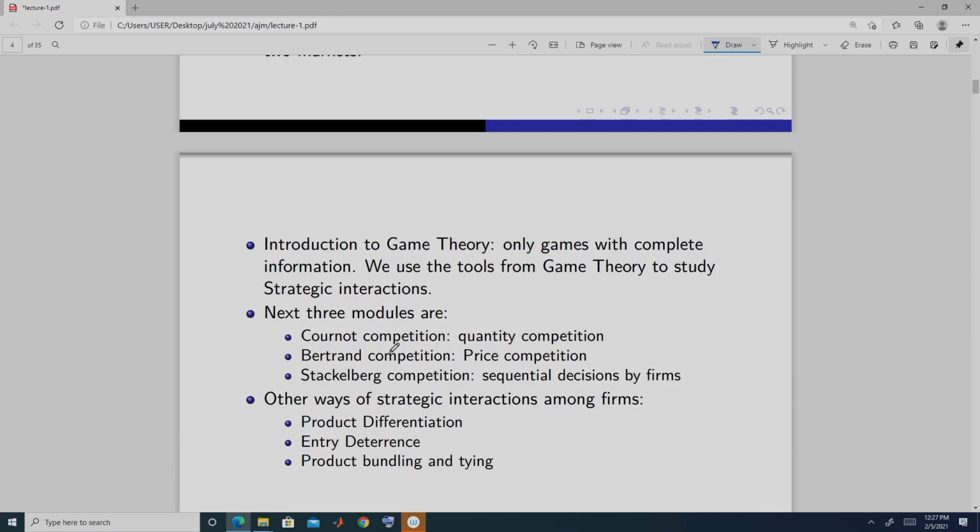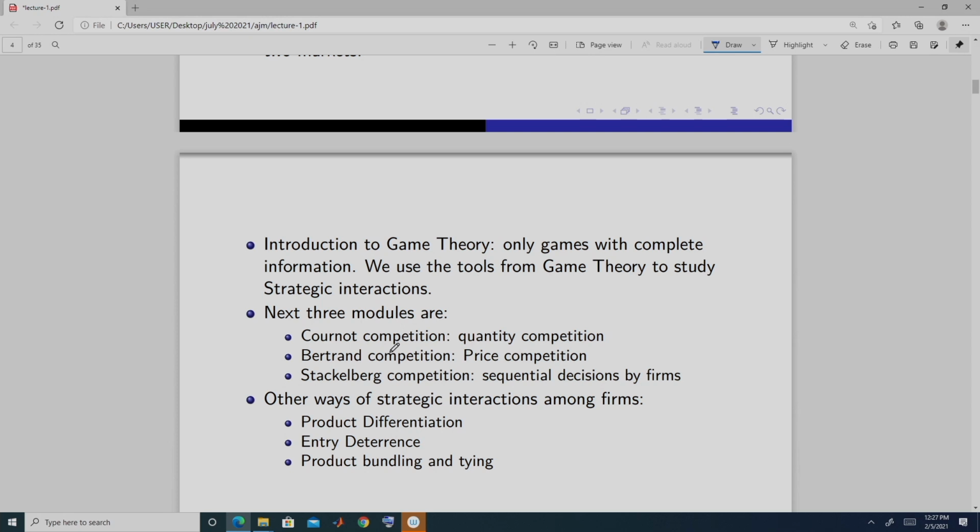Next, in Stackelberg competition, we actually change the way decisions are made by the firm. In the above two markets, Cournot and Bertrand, the decisions are taken simultaneously.